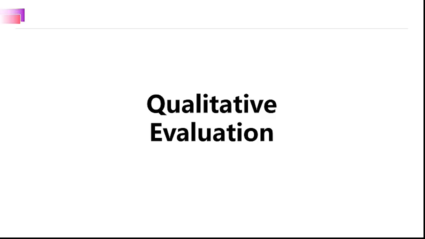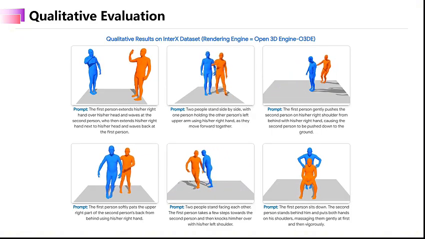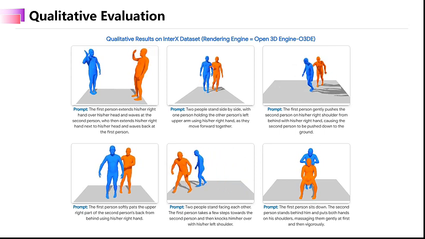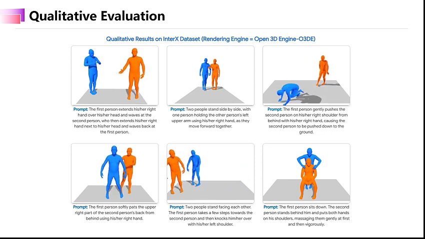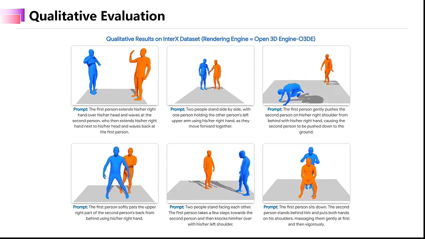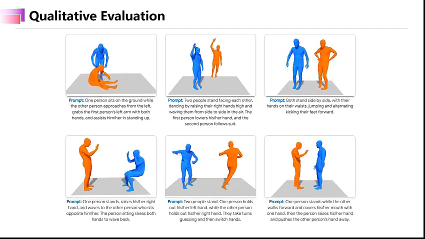Now we present the qualitative results demonstrating realistic interaction synthesis across diverse prompts. Here are some example prompts and corresponding generated interaction sequences. On the InterX dataset, CoShMDM generates natural interactions with accurate contact timing, proximity, and semantic alignment. Here are a few more qualitative examples.